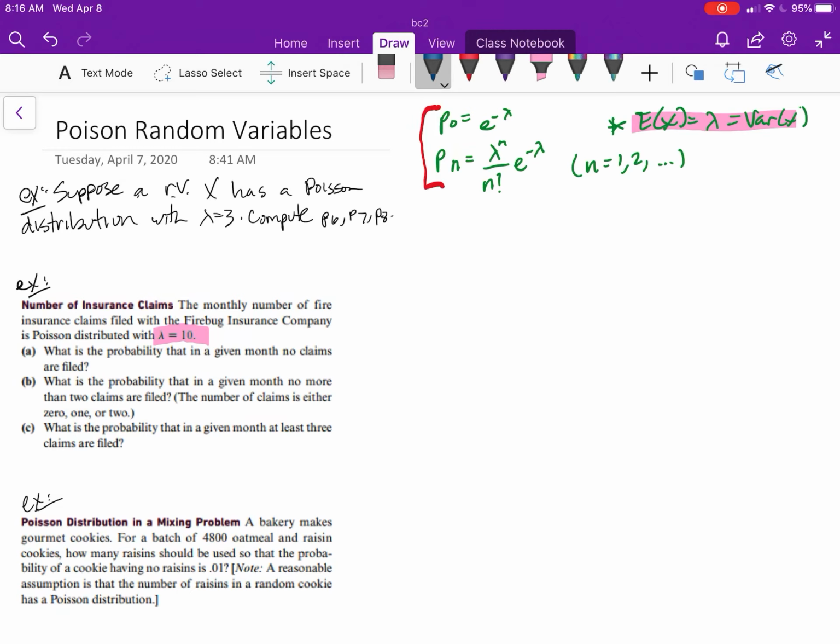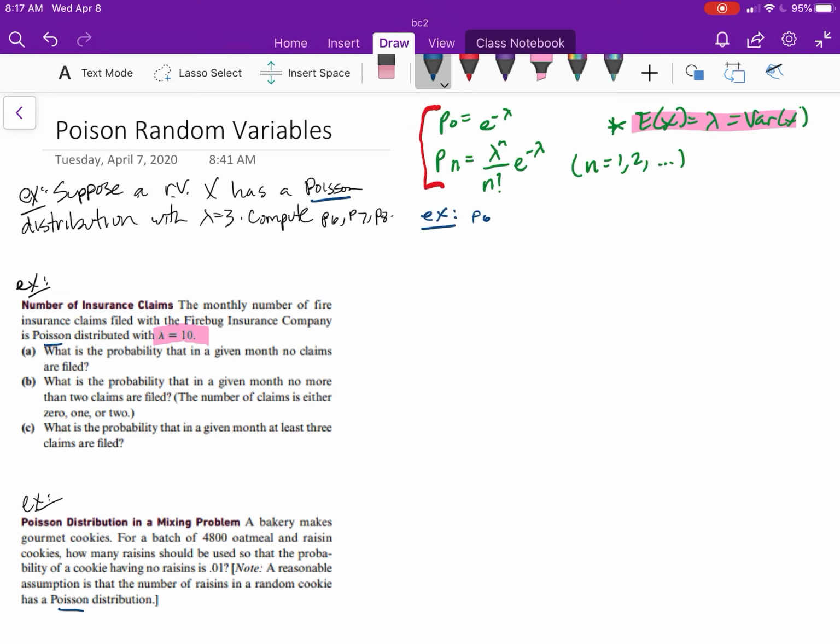Okay. So quick little background. Now most problems will just tell you it's Poisson distributed. So first example, how does this look? Suppose a random variable x has a Poisson distribution with lambda equals 3. We want P6, P7, P8.